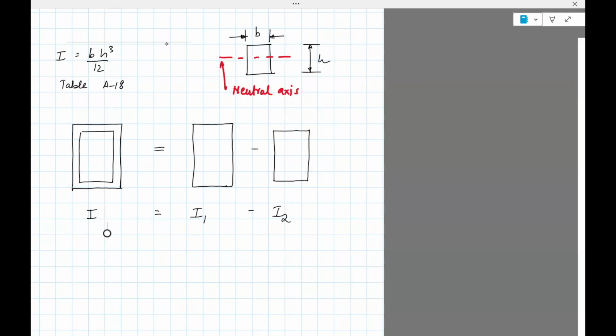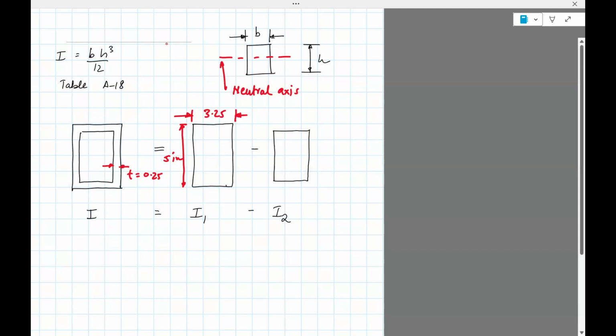So the dimensions of the outer one is 5-inch by 3.25. I'm just writing it from the previous page. And then the thickness here is actually 0.25.